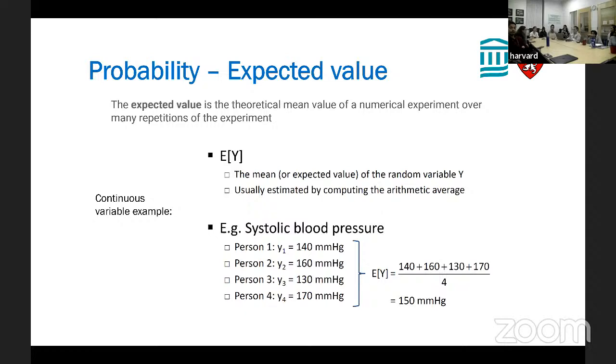And these expected values will be defined by your null hypothesis, usually 0. So you start calculating probabilities against this expected value of 0, or no difference. So that's the general overview of the properties.